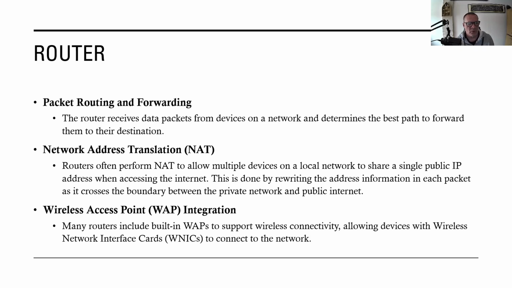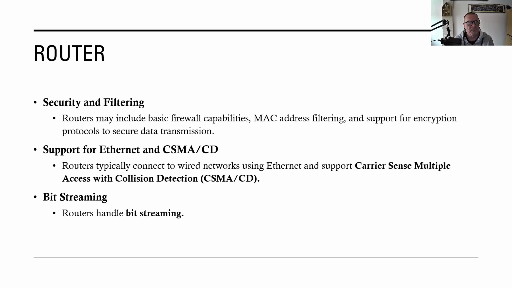Many routers also have built into them various other things like switches and wireless access points, so that makes them multifunction devices. It carries out security for you, something called packet filtering, firewalls.